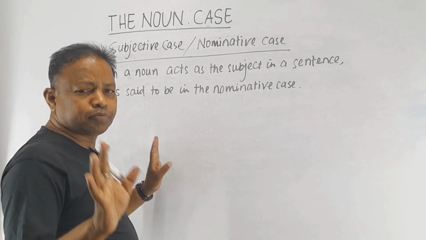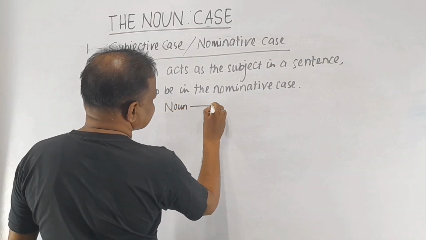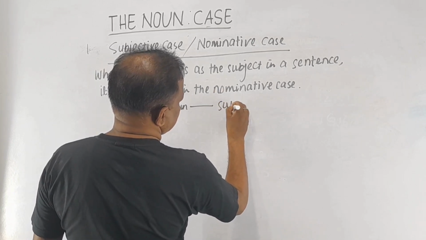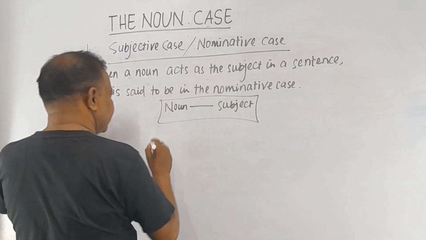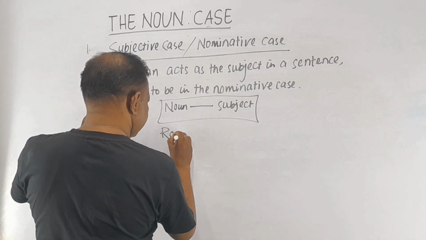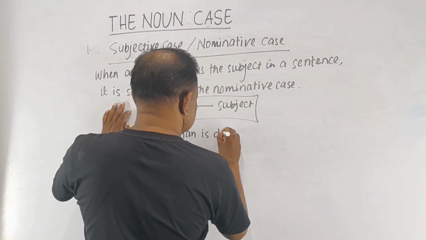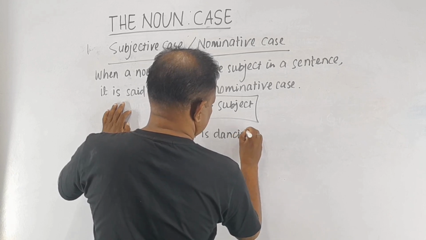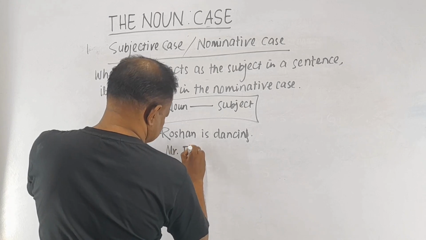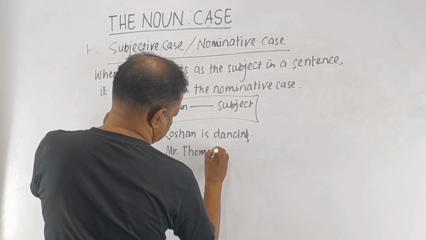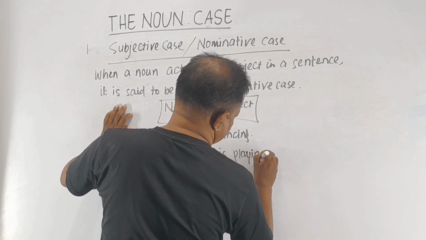Okay, very simple thing you should know. Noun acts as the subject. Fine. Listen, for example, you write: Roshan is dancing. Mr. Thomas is playing.